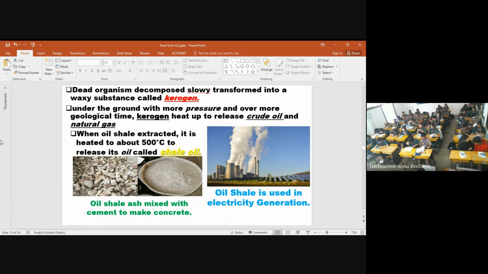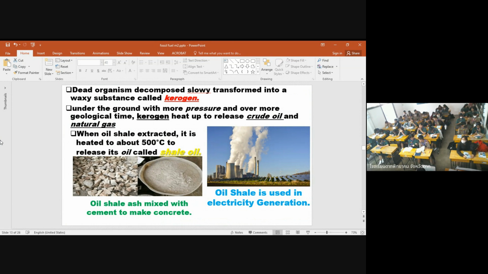When the kerogen is heated up, it releases crude oil and natural gas.